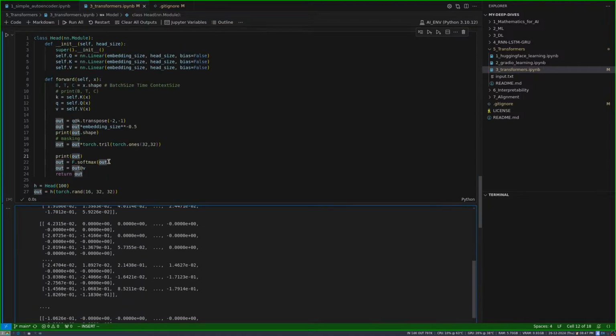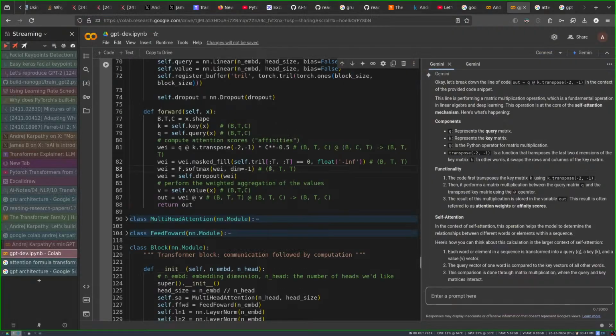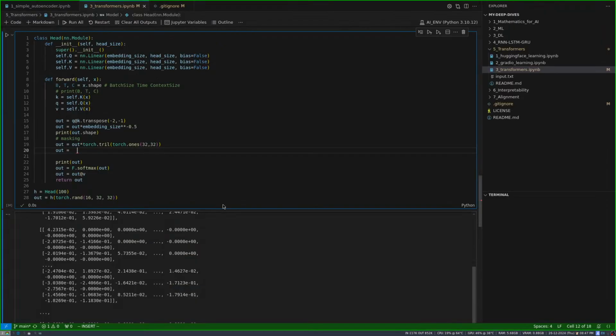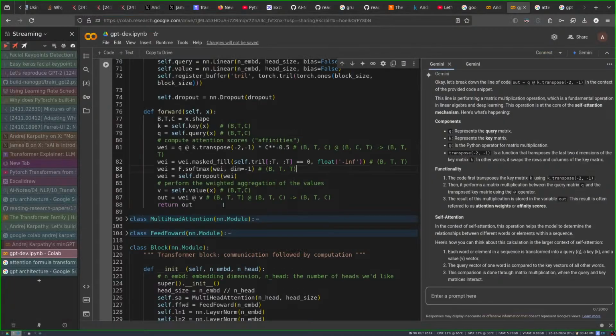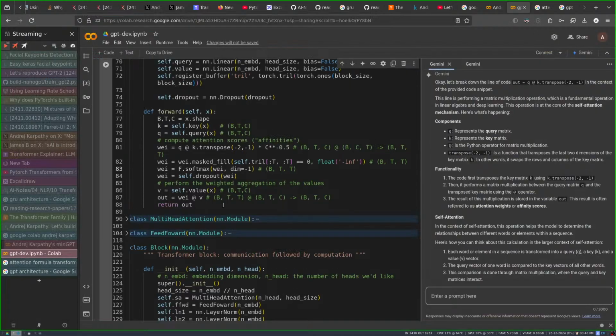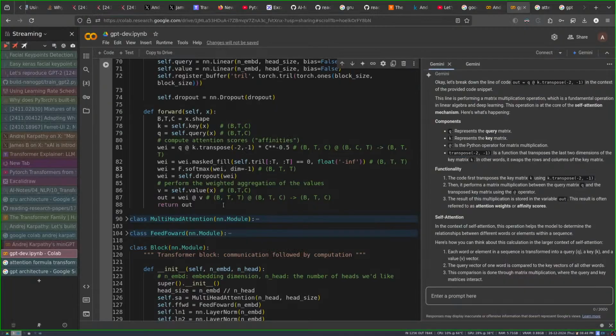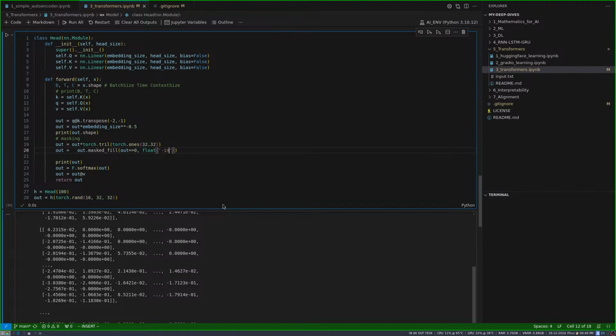The only thing I have to do is out dot masked fill, out equal to 0, comma, minus infinity.